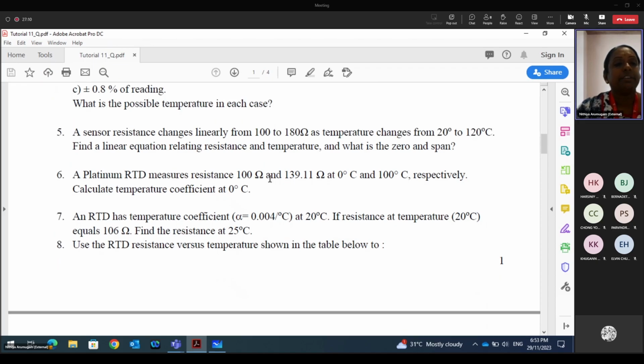Now question number 5. A sensor resistance changes linearly from 100 to 180 ohm as temperature changes from 20 to 120 degree Celsius. Find the linear equation relating resistance and temperature, and what is the zero and span.